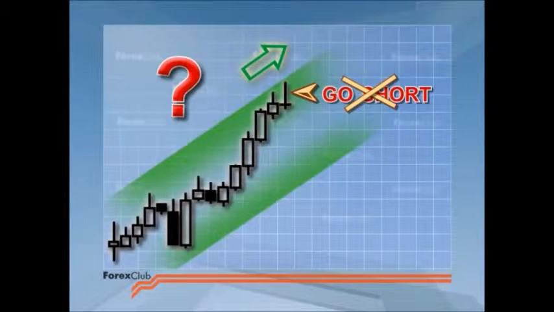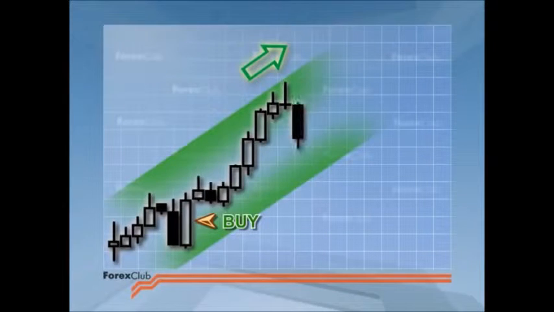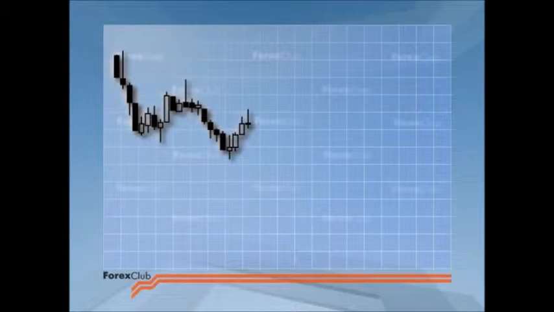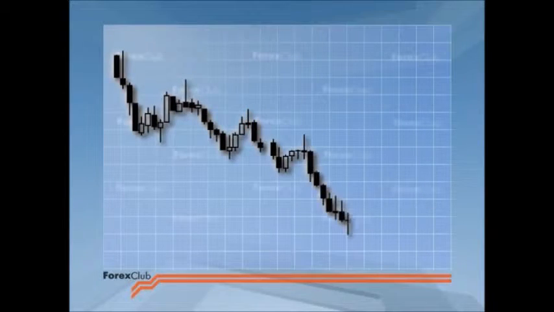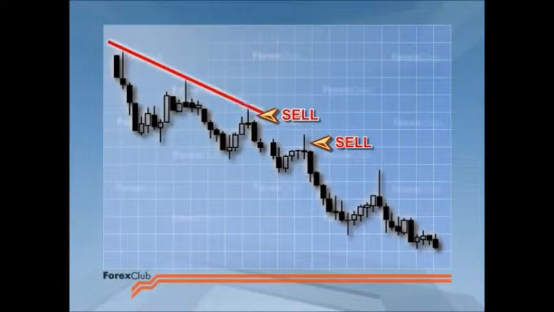It's too early to short on this signal. Close your longs, square your positions, take your profit. This same signal would, however, be a good basis to go short on a bear market, especially if the doji was retesting a resistance level or the trend line.